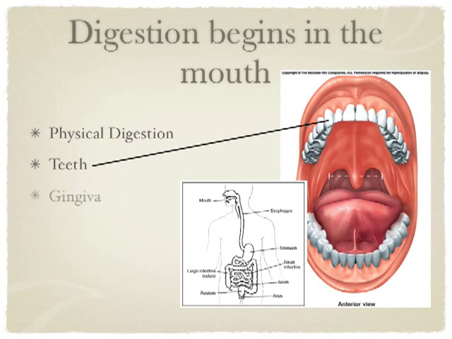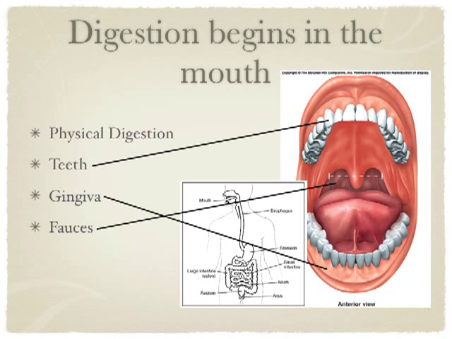Other structures in the mouth include the gingiva, which are the gums, and the fauces, which is the opening at the back of the mouth, and the little hangy down thing. Every good medical student should know that that's called the uvula. And it's a trigger for the swallowing reflex.